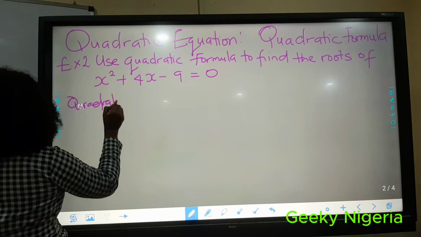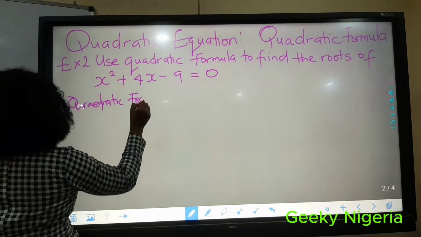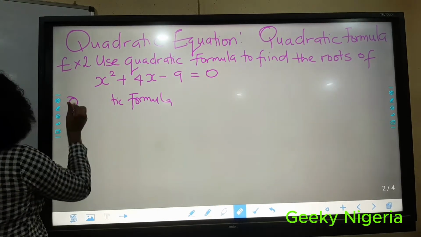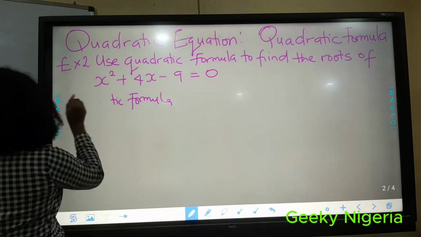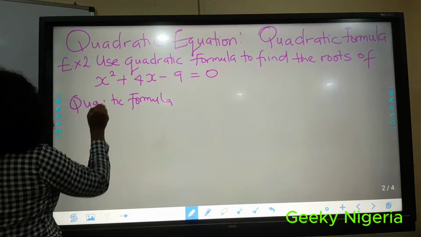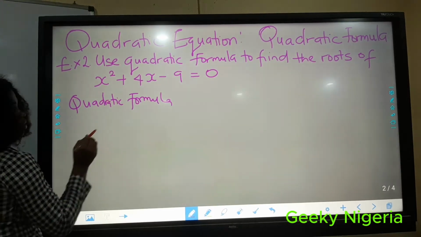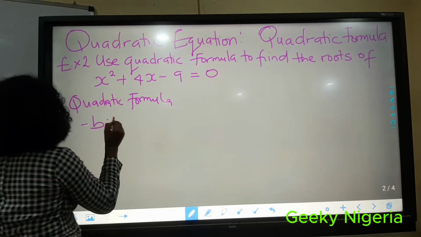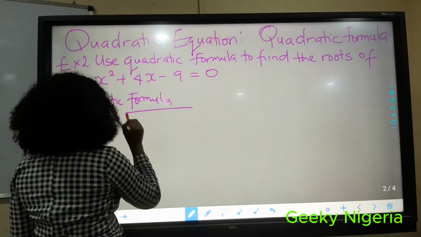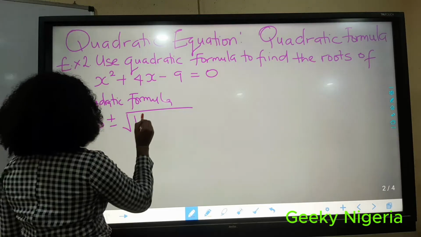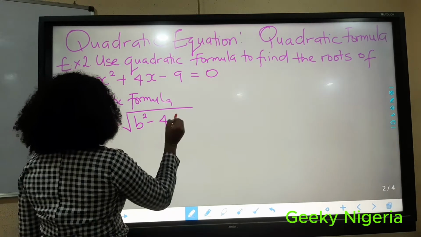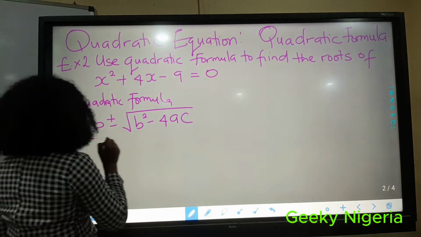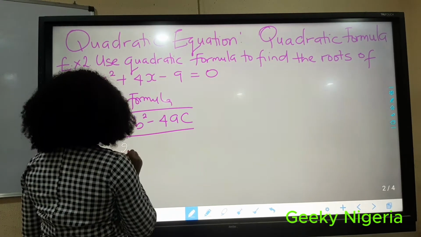Our quadratic formula is: x equals minus b, plus or minus the square root of b squared minus 4ac, that's 4 times a times c, all over 2a.